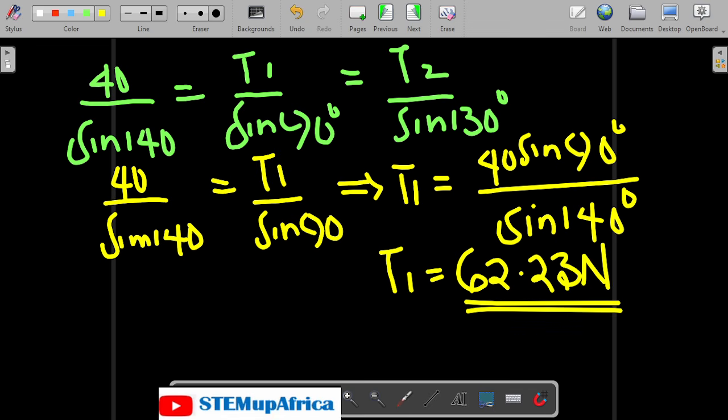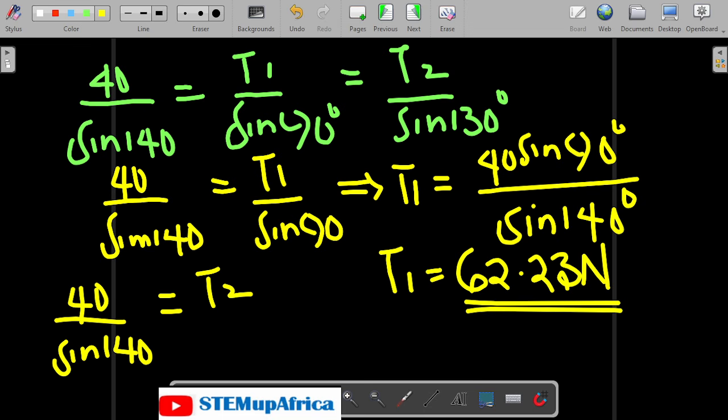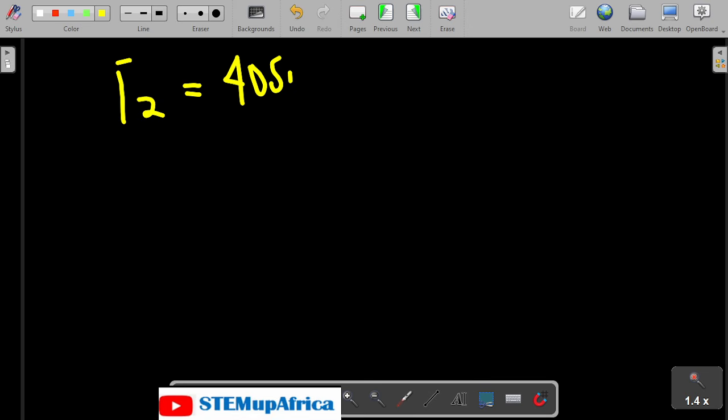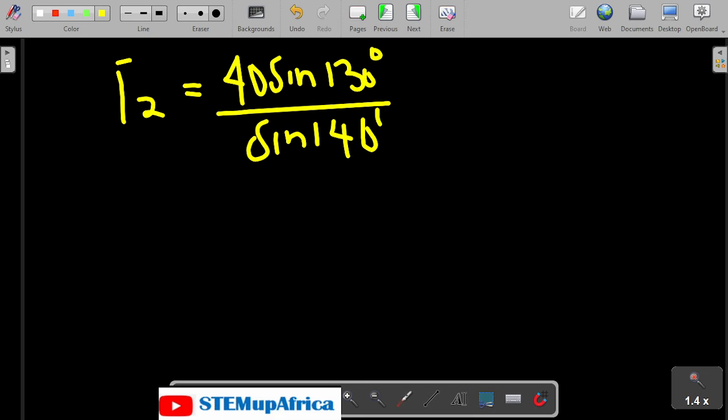So let's get T2. For T2, I have 40 over sine 140 equals T2 over sine 130 degrees. If I make T2 the subject of the formula, T2 is equal to 40 sine 130 degrees over sine 140 degrees.